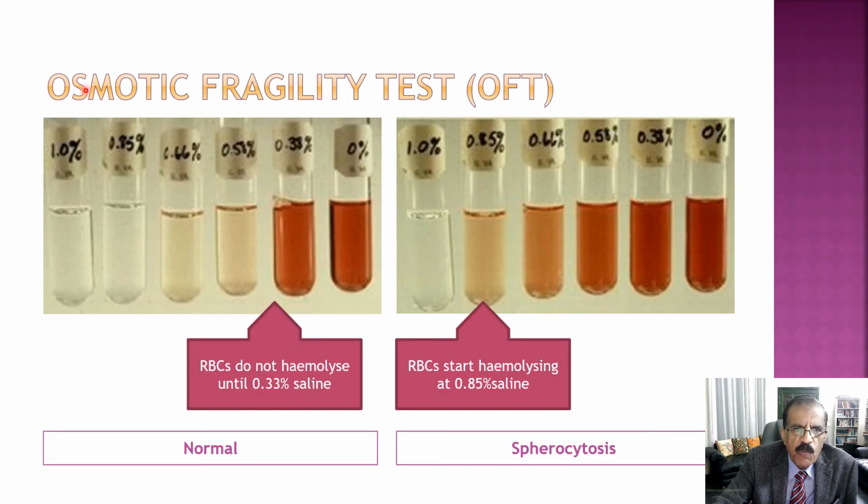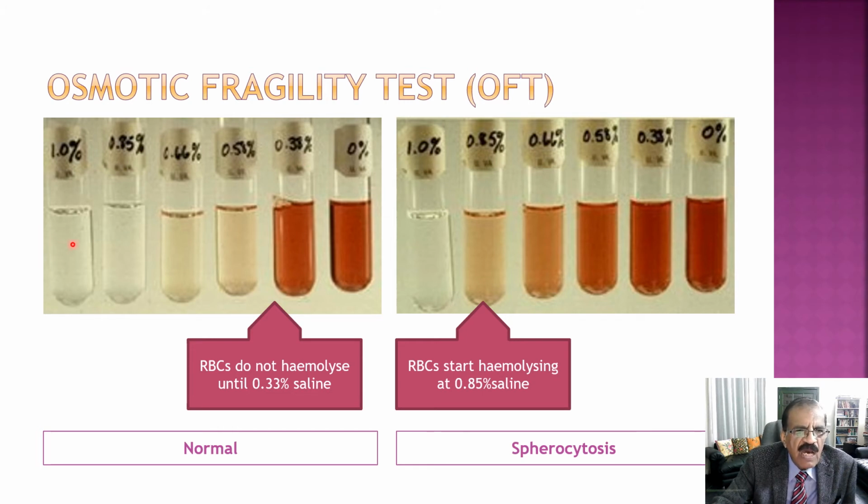This is the osmotic fragility test, and this is done in spherocytosis. Now this is the normal pattern. These are saline bottles of various concentrations. This is 1%, which is slightly hypertonic, then 0.85%, 0.66%, 0.50%, 0.33%.